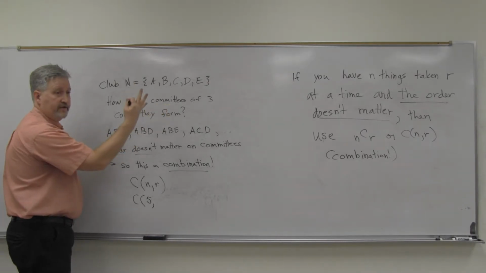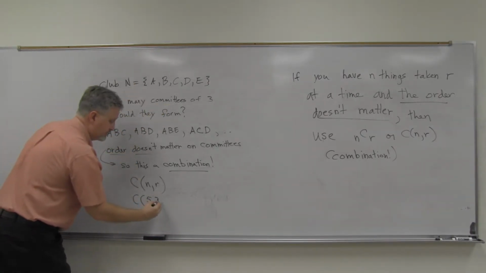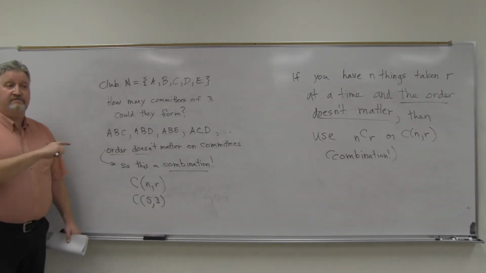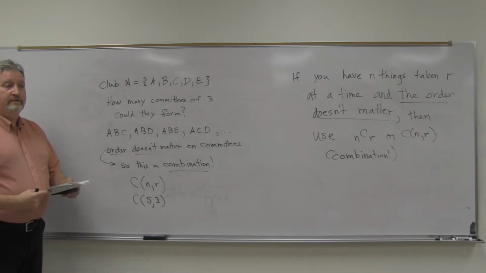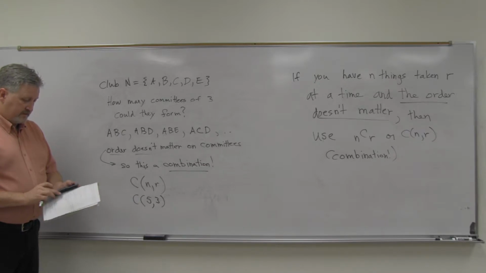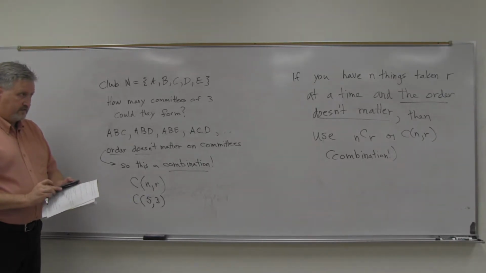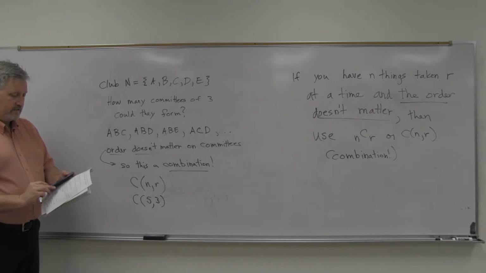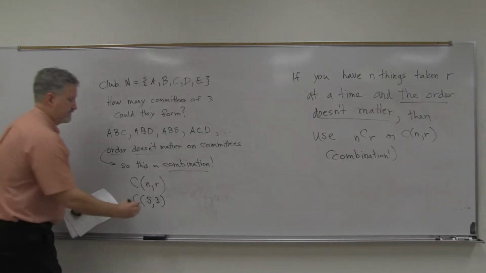I want committees of 3, right? So I need to do combination 5, 3. What do you get there? 5 nCr 3 is 10. There's only 10.